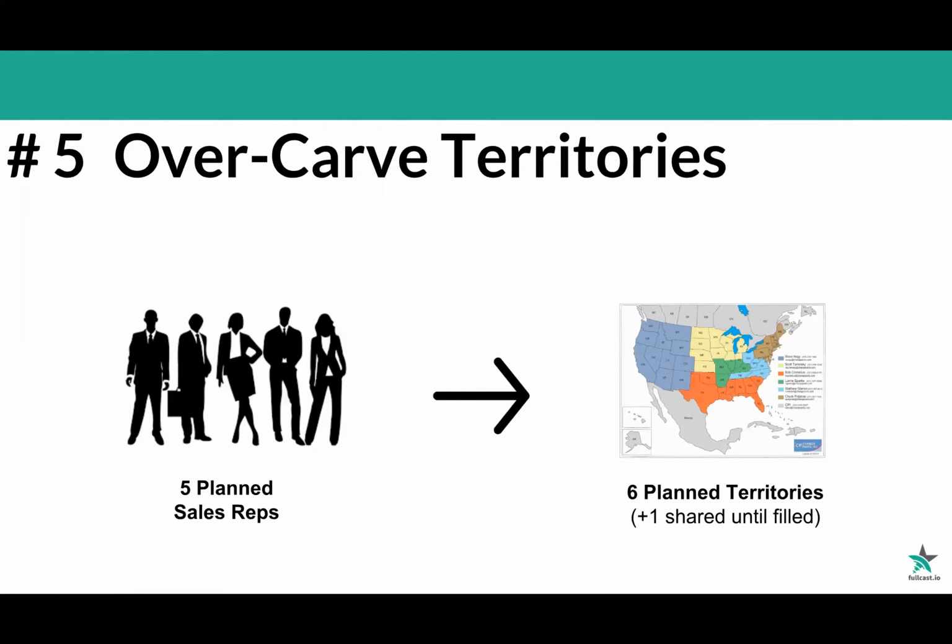So say you're planning for 5 sales reps for next year. At the moment today, we'd recommend creating additional territories, more territories than you necessarily need for those sales reps today, and then sharing those additional territories with the existing sales reps. We call this overcarving territories, but what it essentially does is get you ready in the event that you need to bring in more sales reps.